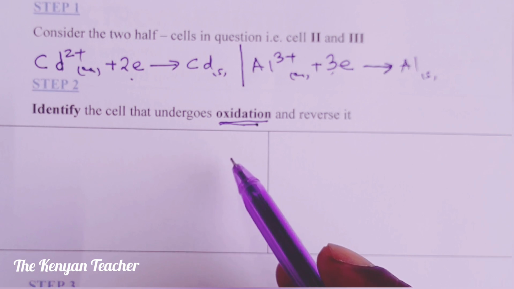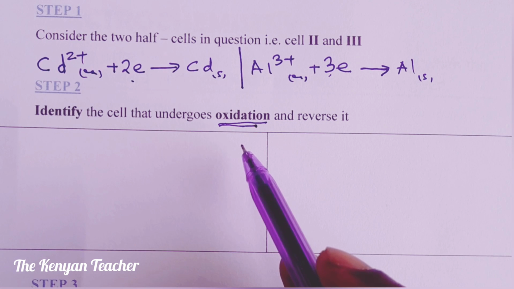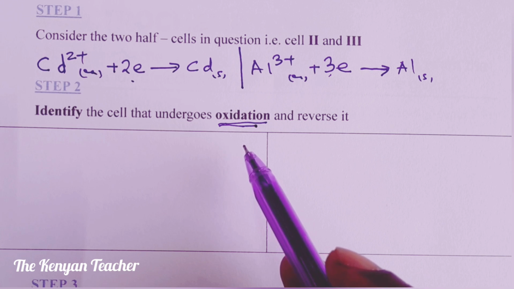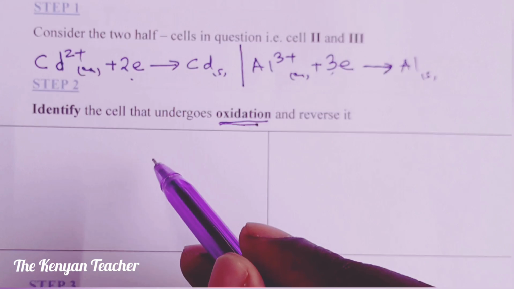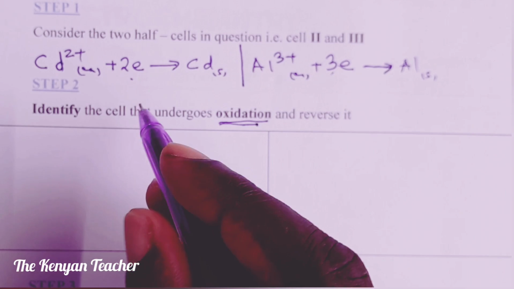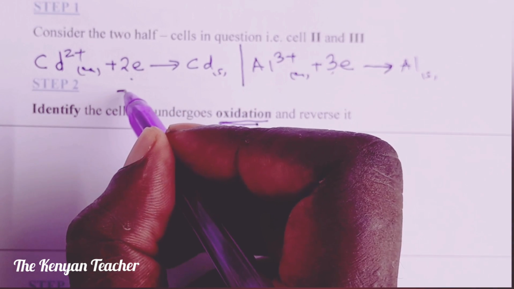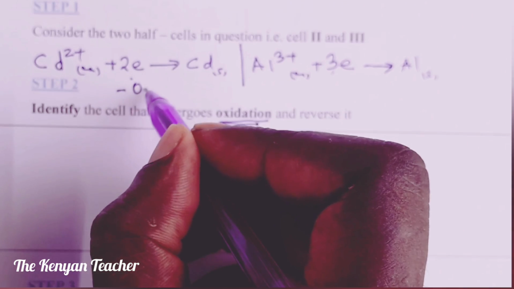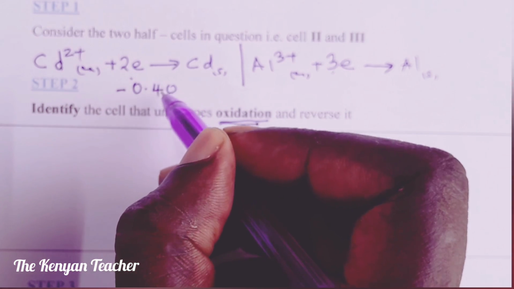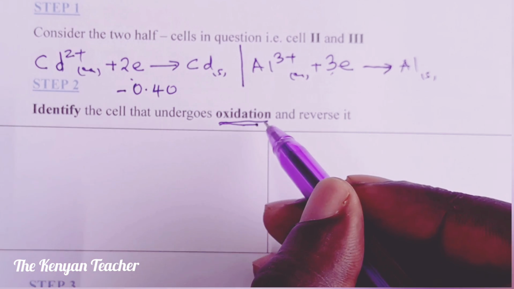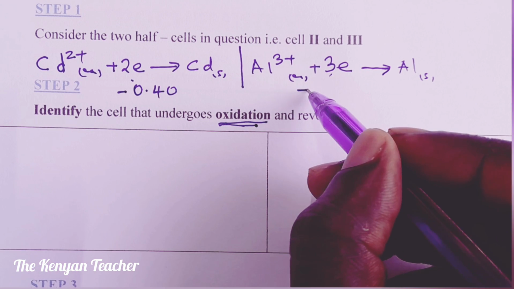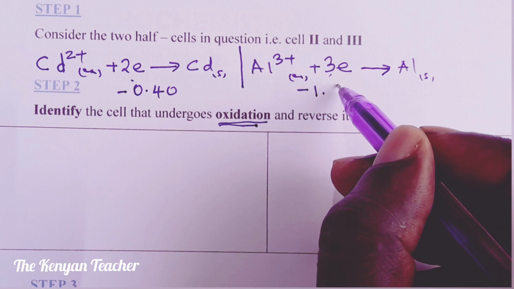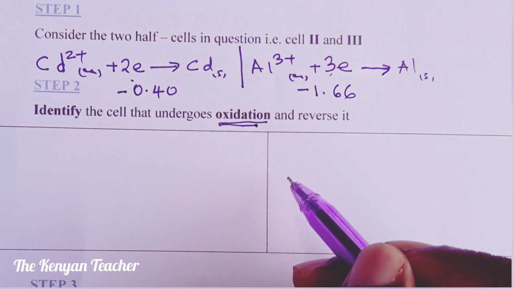So, what do we do to identify this half cell that has undergone oxidation? We may need the E0 values. So for cadmium, from the table, the E0 value has been given as negative 0.40, and that of aluminum has been given as negative 1.66.